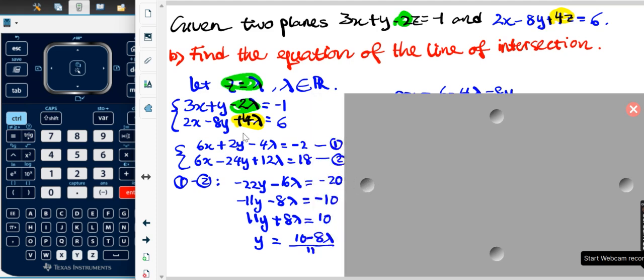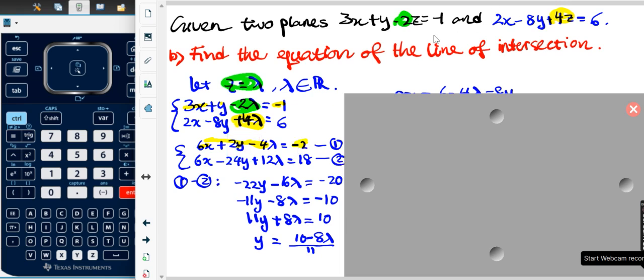And now what I do is simplify this equation so that I can get rid of either x or y. So here I multiply this 3x by 2, so that I get 6x. Y times 2 becomes 2y, negative 2 times 2 becomes negative 4, and then negative 1 becomes negative 2.